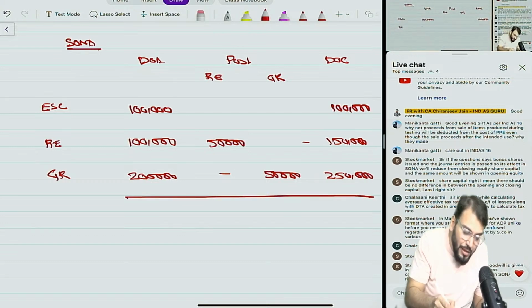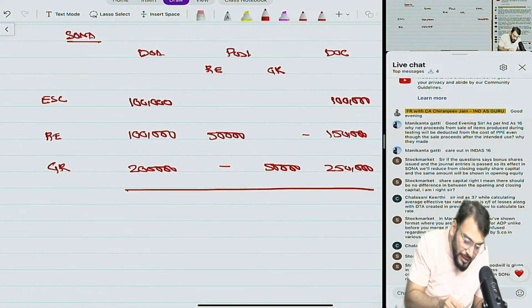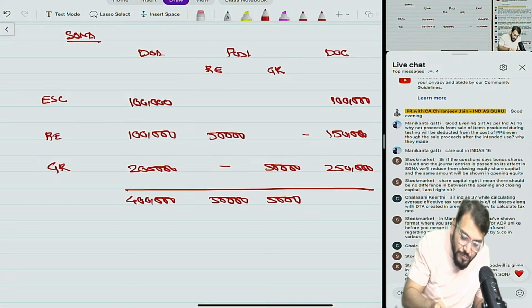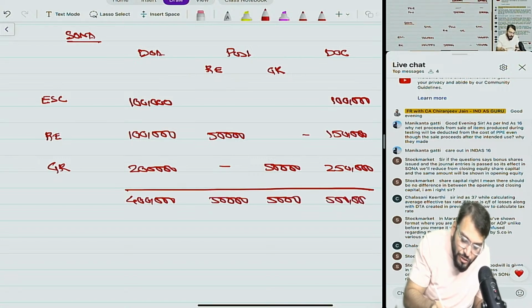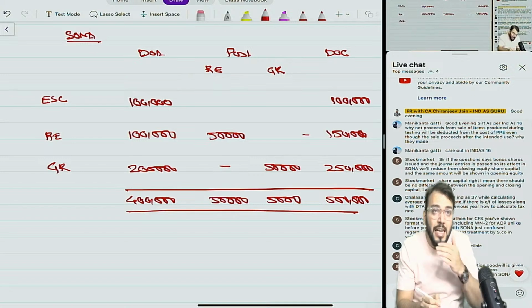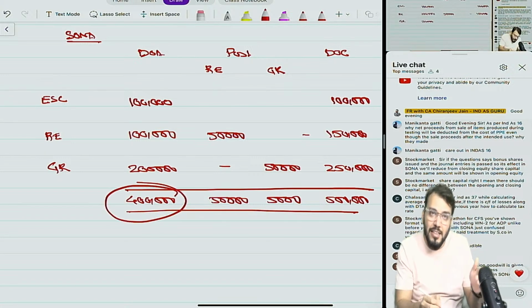Total is 2 lakh, 3 lakh, 4 lakh. This becomes 4 lakh, this 50,000, this 50,000, and this 5 lakh. Understood? So this becomes the net asset on the date of acquisition, and then you can do the subsequent working note. I hope you have understood this.